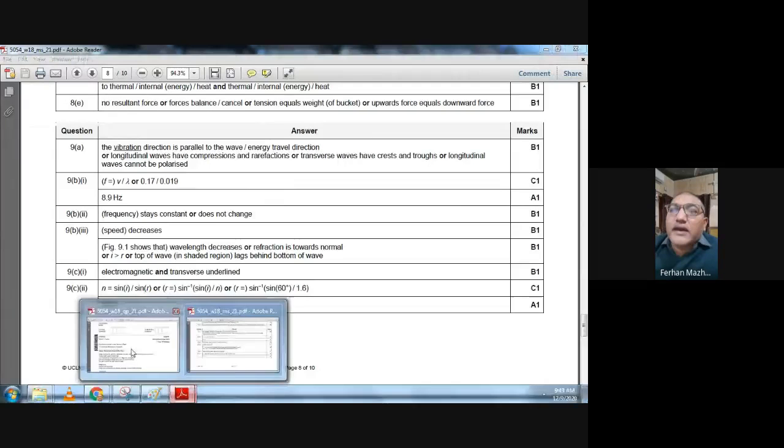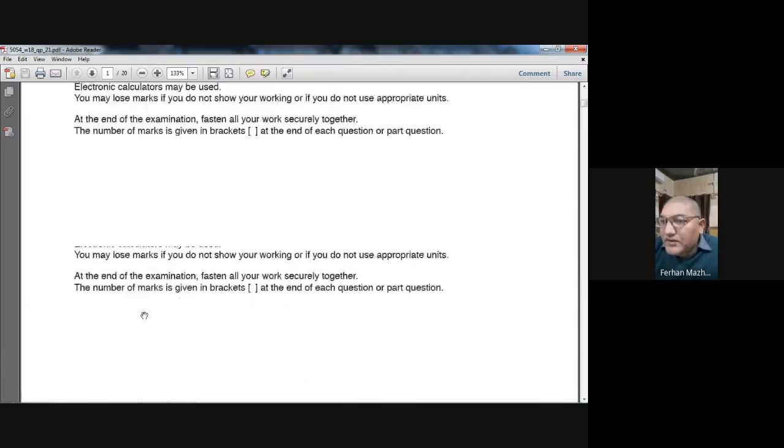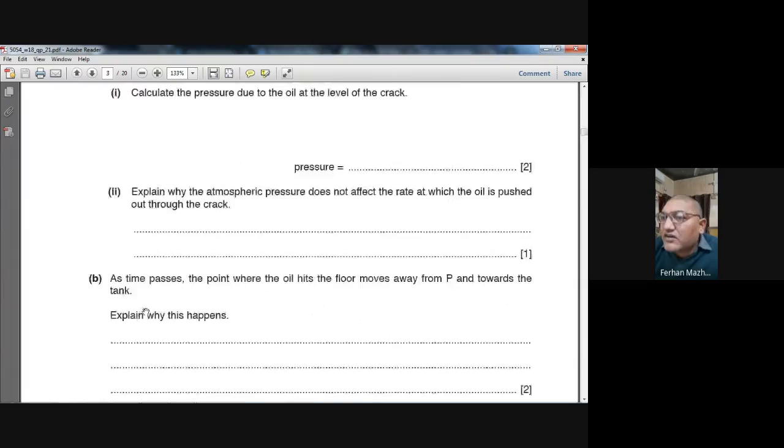Now we are working on the October, November 2018 2-1 paper, a theory paper, and we will only be working on its section B. Let me go to section B and we will start solving the questions.